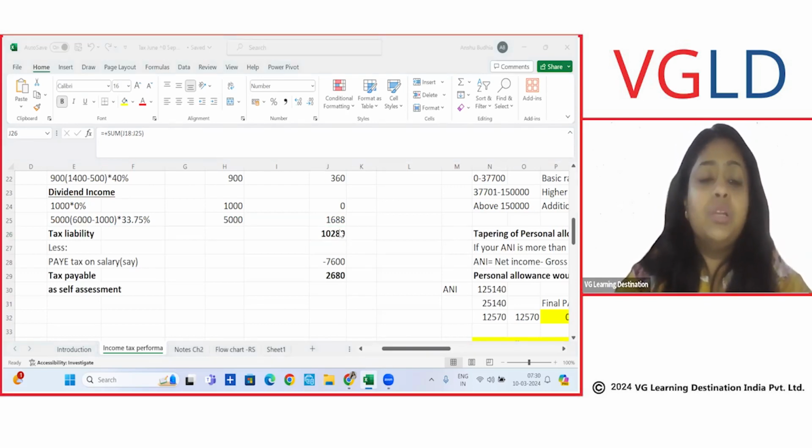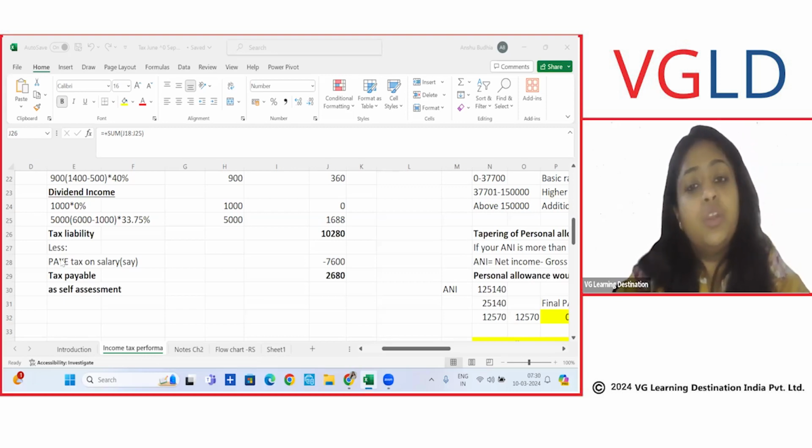Now, when you get a total tax liability, I've just taken one reducer here. Reducer means those items that reduce your tax liability. One of the very commonly used reducers is PAYE. PAYE tax means TDS. In your syllabus, you will have TDS only on salary, and even then the calculation is not there in your syllabus, just the theory portion.